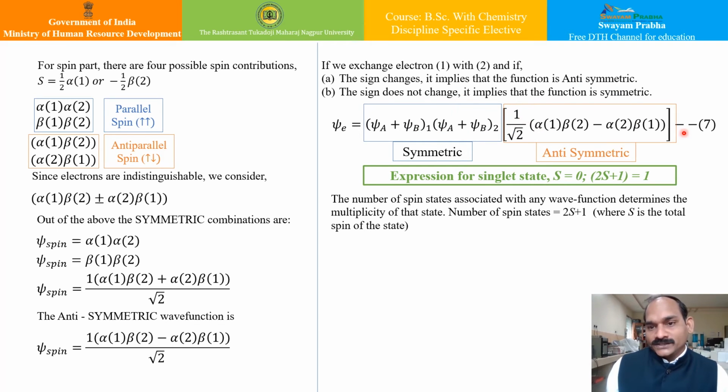So if we exchange electrons 1 and 2 and the sign changes, it implies that the function is antisymmetric, and if the sign does not change, it implies that the function is symmetric.